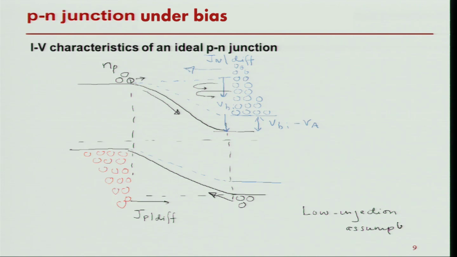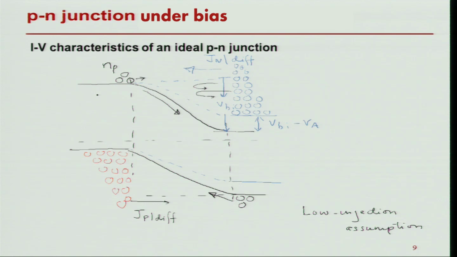This is to say that there is injection of electrons from the n to the p side, but the amount is so small that it is only changing the minority carrier concentration and it is not changing the thermal equilibrium concentration of the majority carrier by any significant amount.